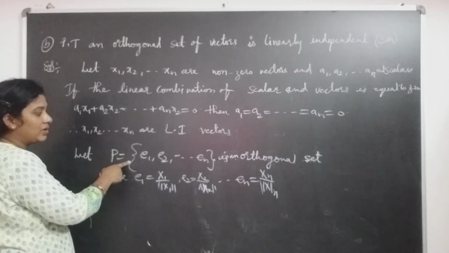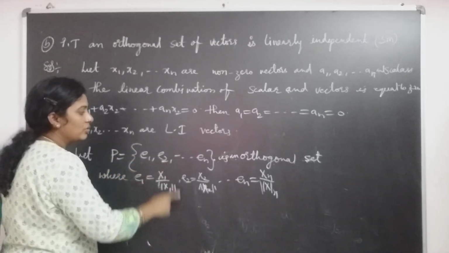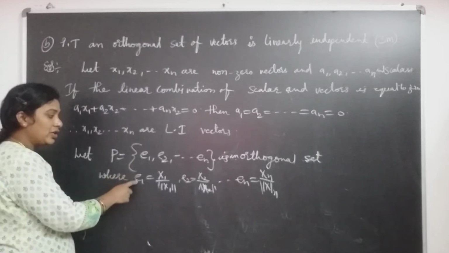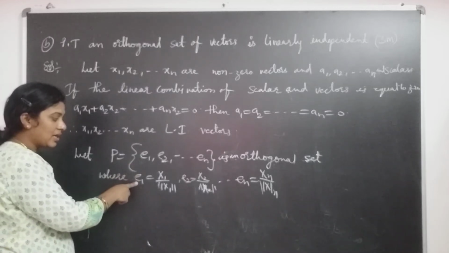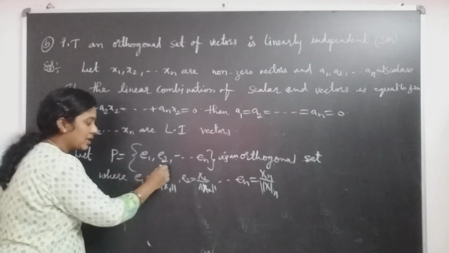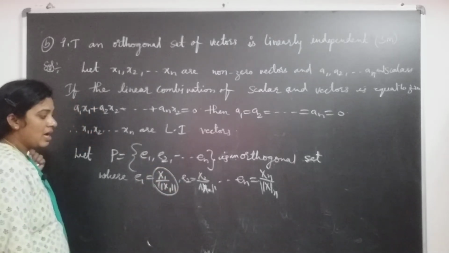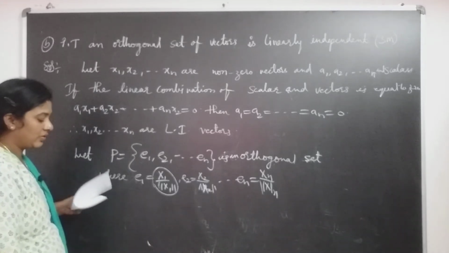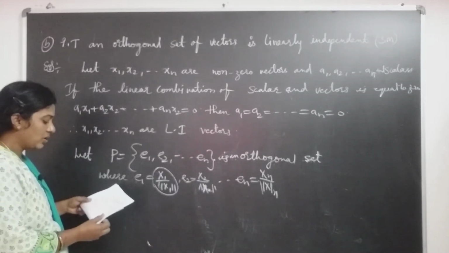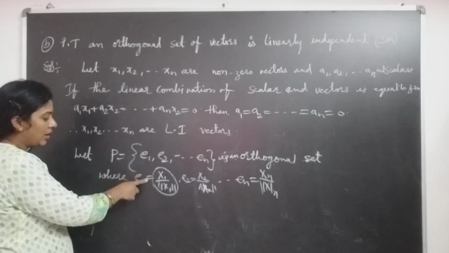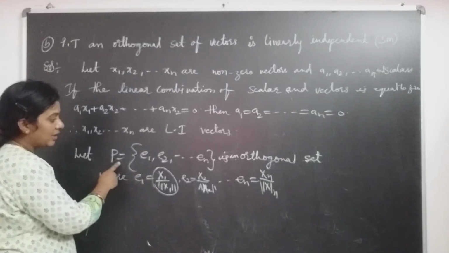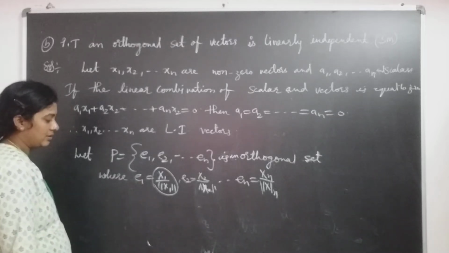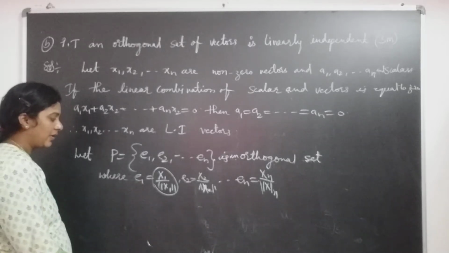Here P equals the set of e1, e2, so on en is an orthogonal set, meaning the individual vectors satisfy the condition of orthogonality. Orthogonal means x1 by norm x1, and that is called an orthogonal set of vectors. Here e1, e2, so on en are a non-zero orthogonal set, or non-zero orthogonal vectors.